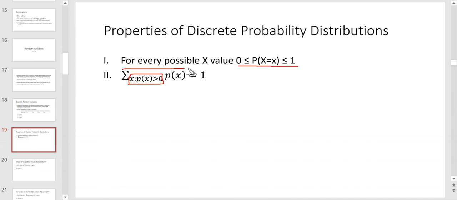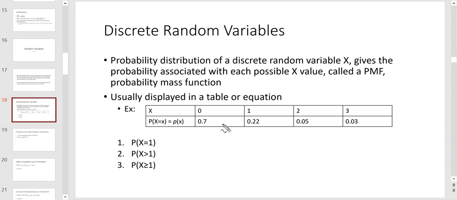So one more time, the sum of all the probabilities for all x values that are possible must equal 1. These are two properties we can very quickly check. First one, all between 0 and 1. Second one, these all sum to 1. You could check that if you haven't already.